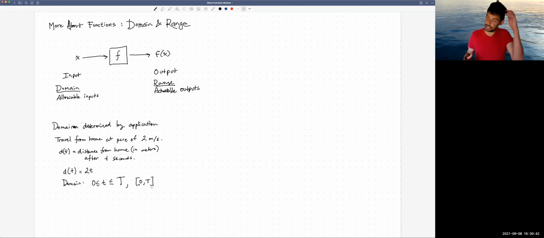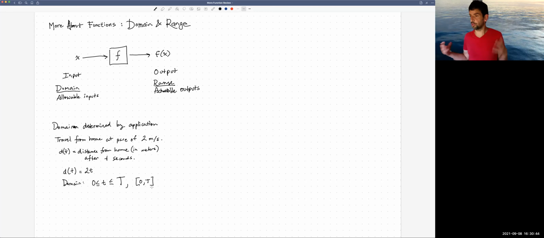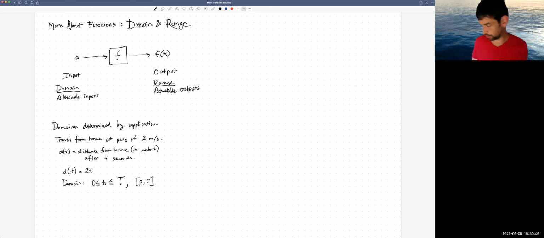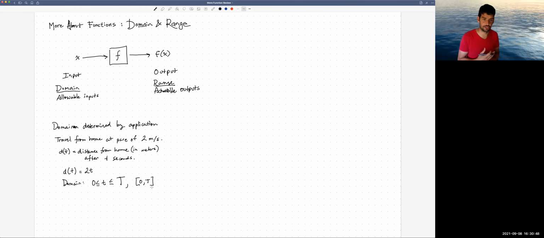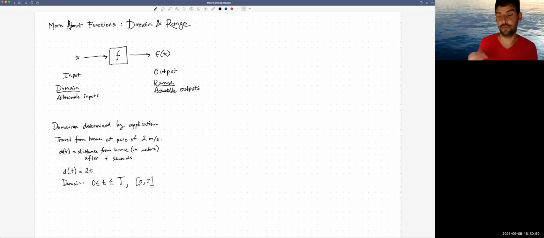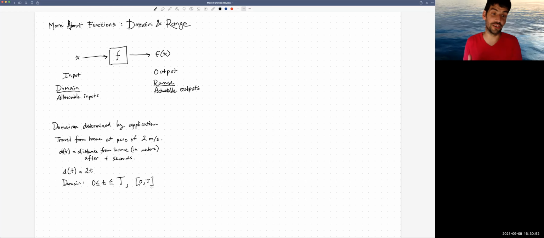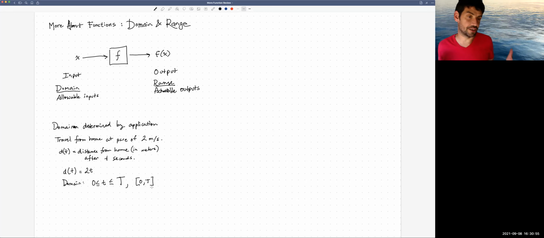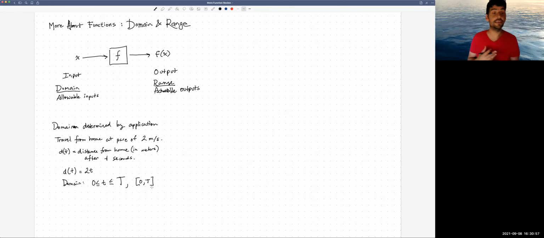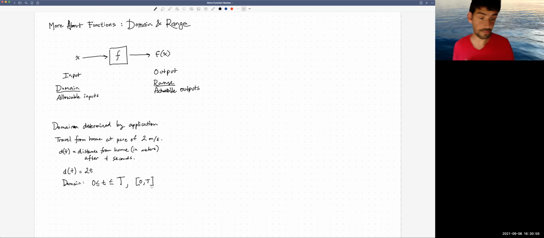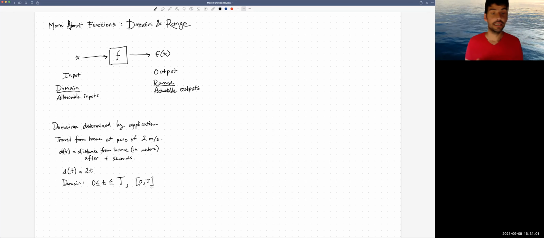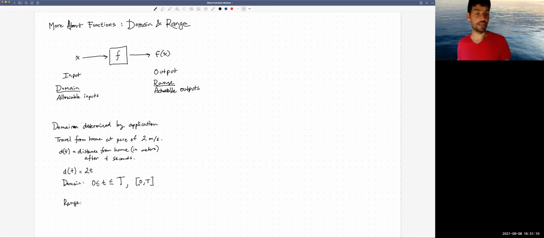So whenever we do applied problems where there's some kind of real world application, or someone might just decide we want to consider things for certain values, those are either going to be implied or given in the problem. So it's usually a bit easier to come up with the domain, and consequently, sometimes it will also make the range fairly obvious. So what does that mean for the range?